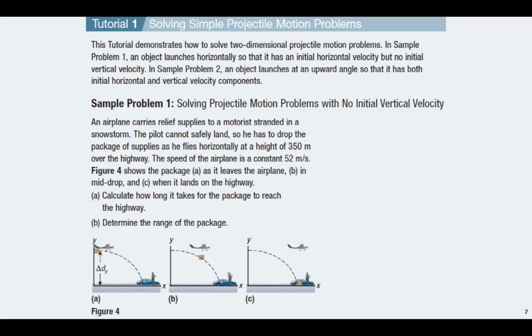So there are two questions. First, calculate how long it takes for the package to reach the highway. Then determine the range of the package.